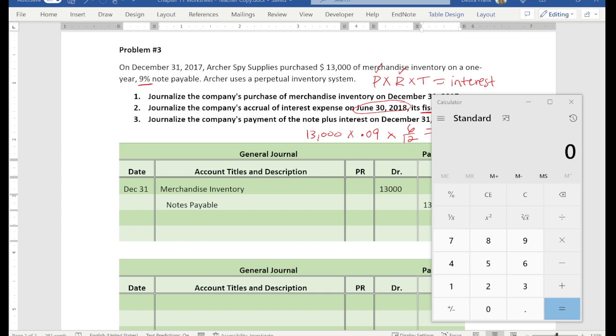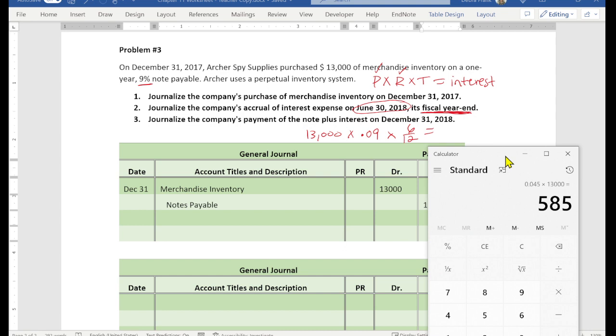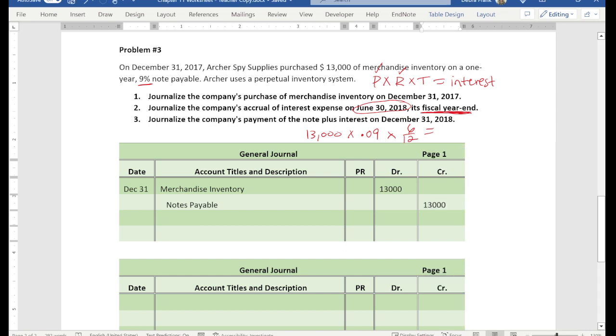So what did I do wrong? I did 0.05. I wrote it in wrong when I did my division. So 6 divided by 12. Come on, Debbie. 0.5, right? I wrote in 0.05, so ignore that. 6 divided by 12, and then times 0.09, and then times 13,000. There we go. It's going to be my right number, 585. So that's my interest. So make sure you pay attention to your decimals and don't mess up like I did.